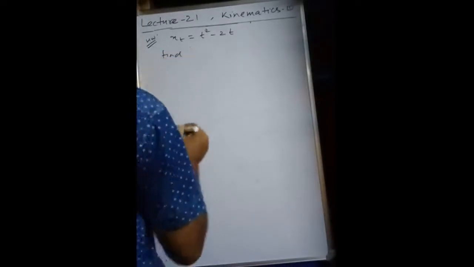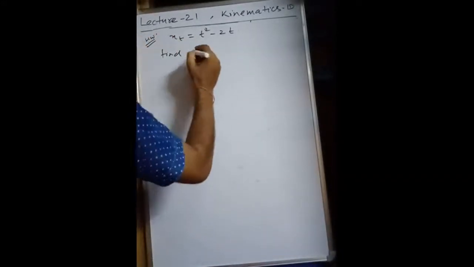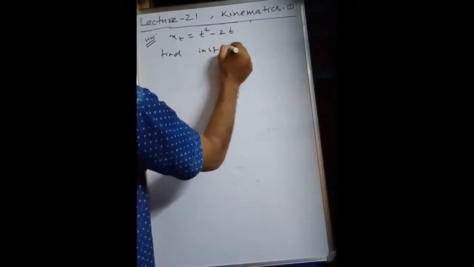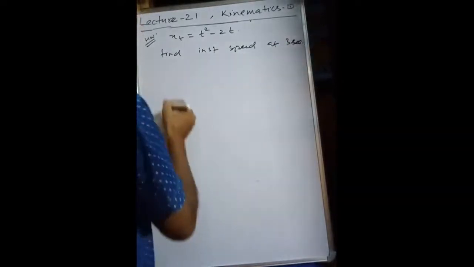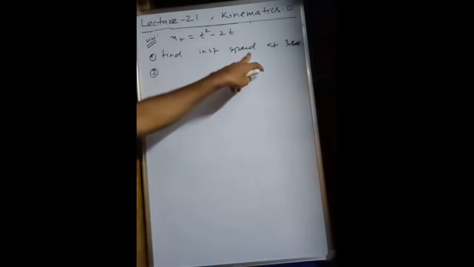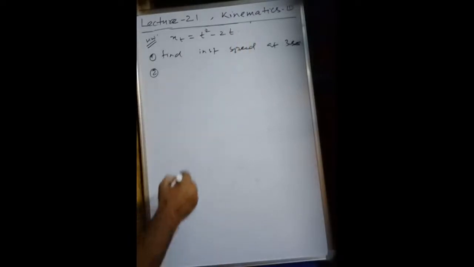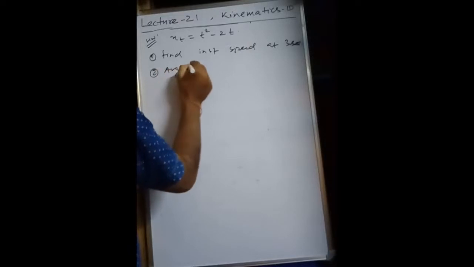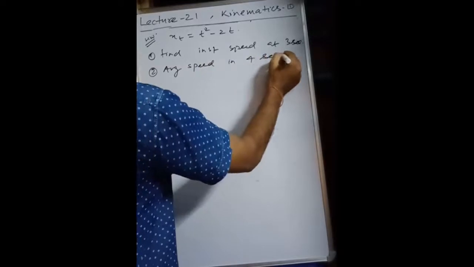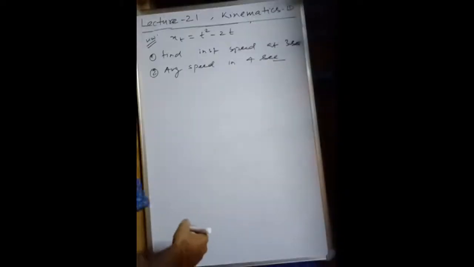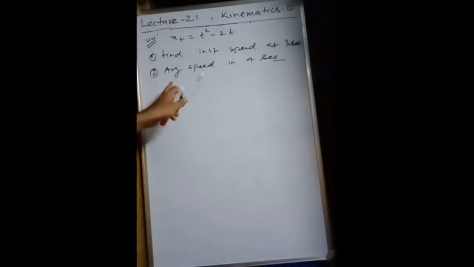What we have to find: first, instantaneous speed at 3 seconds. Second, average speed in 4 seconds, using this equation, my dear students.